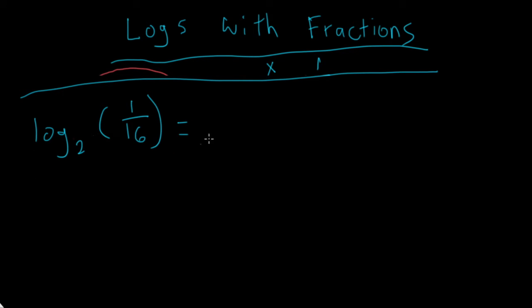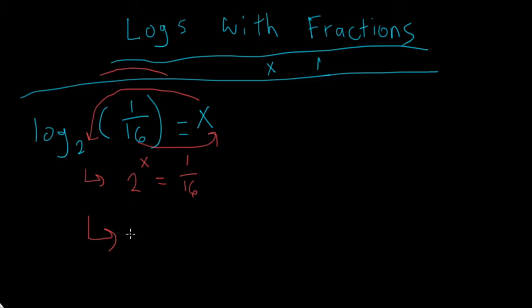All right, so hopefully you gave that a try. So log base 2 of 1/16 is equal to x. So we're going to have 2 to the x power, because this comes over here, it becomes a power, and then this comes over to your answer side. So 2 to the x power is equal to 1 over 16. Now from there, the exponent has to be negative because we need a fraction, and it's going to be 2 to the negative 4th power.